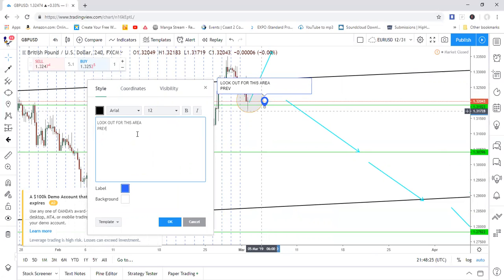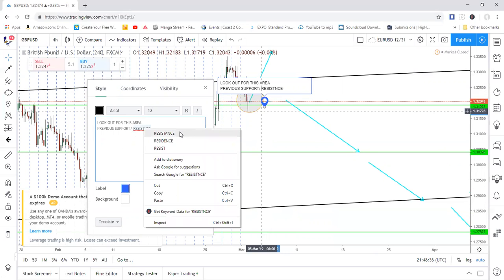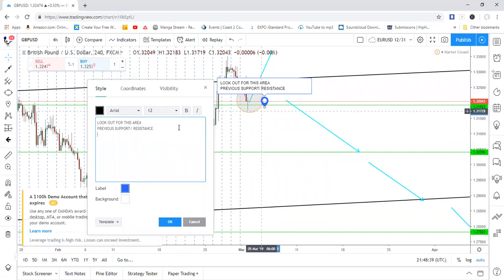Previous resistance, support/resistance, see what price does, wait for the candle to close.